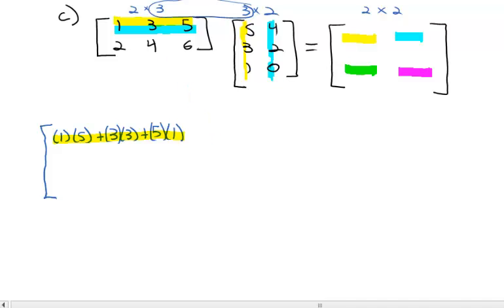So in that case, it's going to be 1 times 4 plus 3 times 2 plus 5 times 0. And that is the first row, second column.